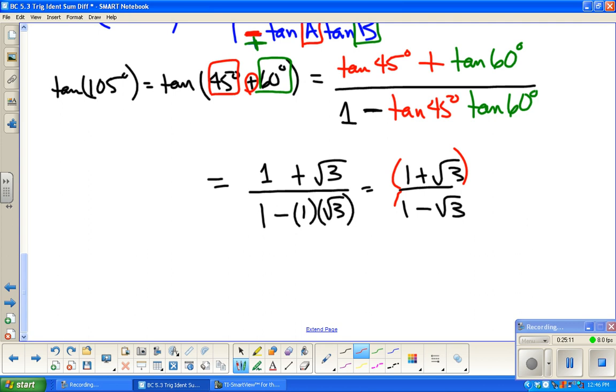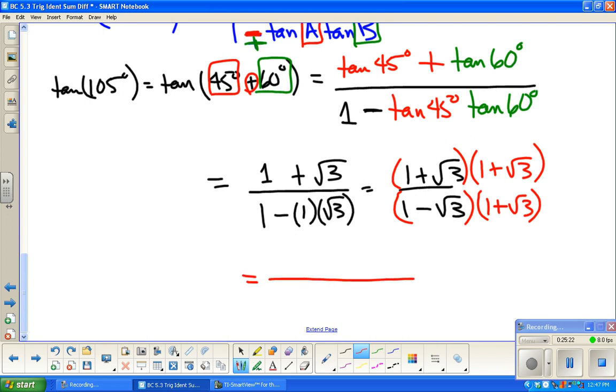and notice I did this in 2 steps, basically. I have to multiply by the conjugate of the denominator. Okay, so all of this becomes, I'm going to do the bottom first, so this is 1 times 1. Outer and inner will cancel out. Last times last will be minus 3. Okay, so the bottom just becomes negative 2.